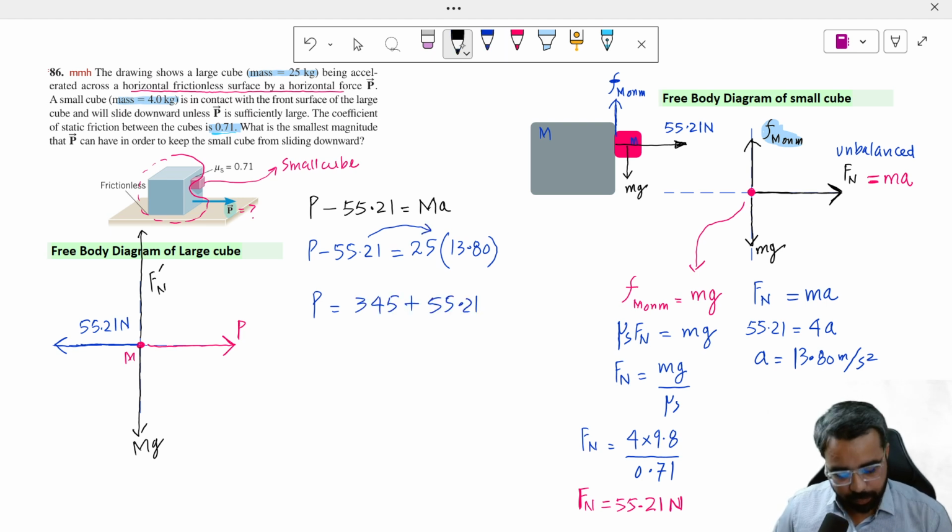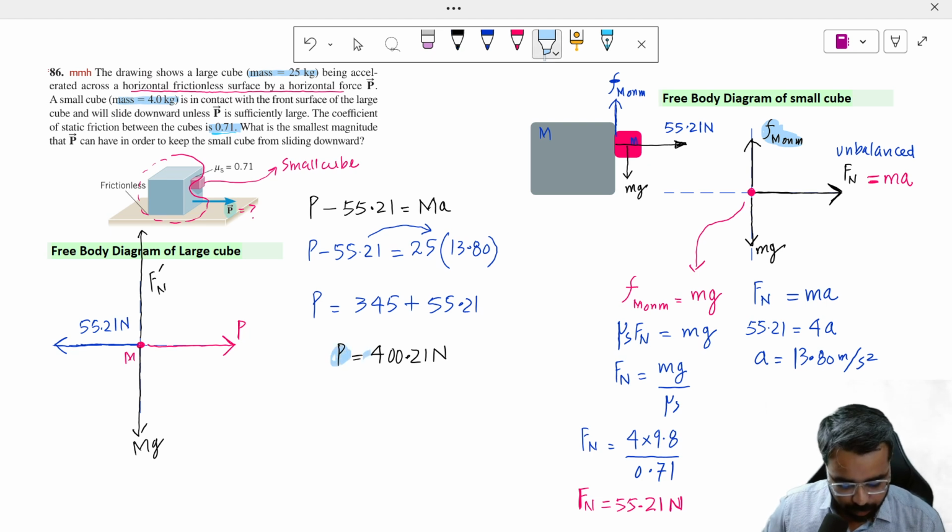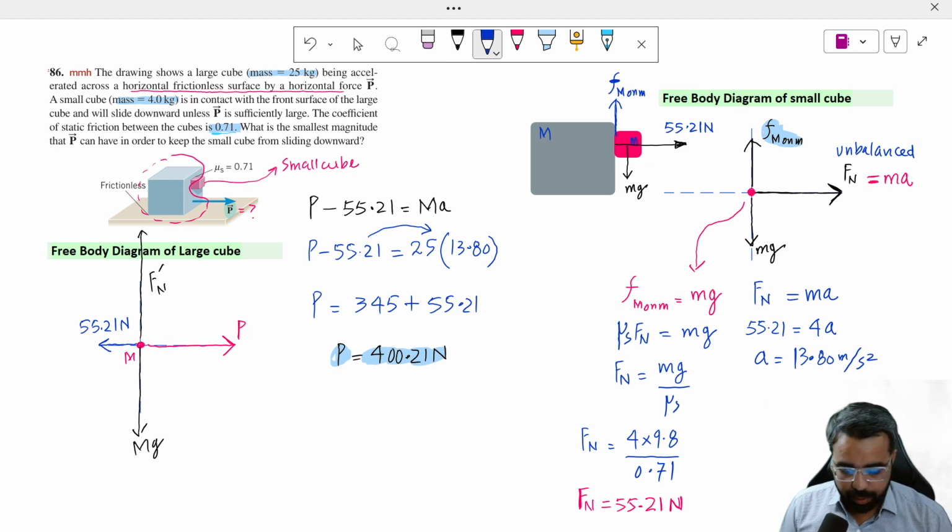Finally we got the answer: 400.21 newtons is the smallest force required to keep this smaller cube stuck with the larger cube. This force is much bigger than 55.21, so I'm redrawing this vector, and this time I will draw the smaller arrow because that force is small. I hope you understand this question.